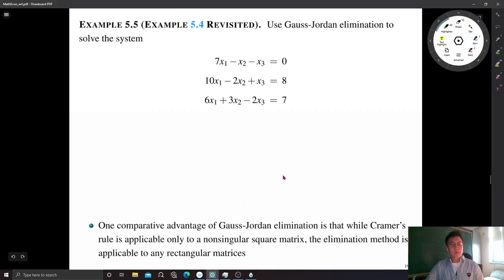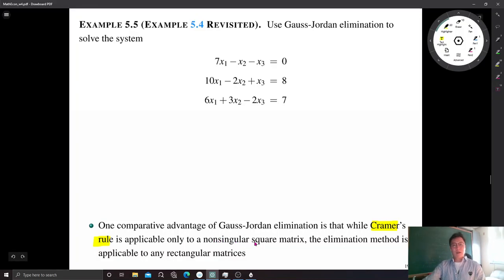All right. So we learned two methods of finding a solution to a system of linear equations: Gauss-Jordan and Cramer's rule. If we compare these two methods, one comparative advantage of Gauss-Jordan elimination is, in order to use Cramer's rule, the coefficient matrix should be square. Otherwise, we can't think of an inverse matrix, right? And it has to be non-singular, right?